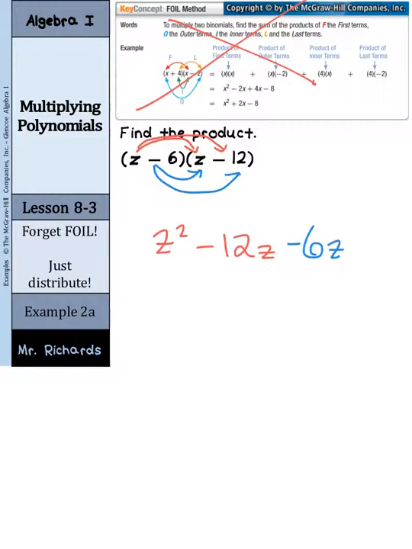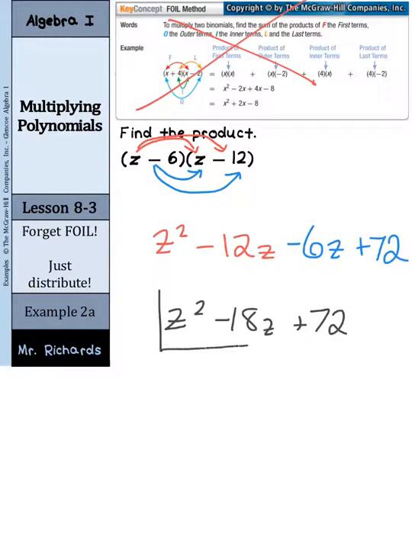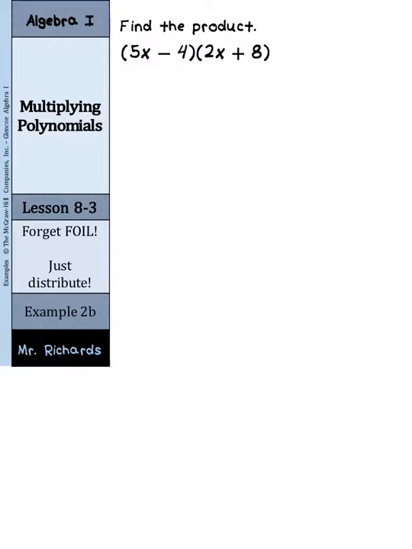And the negative 6 times negative 12 is a positive 72. Combine those like terms in the middle so that we're left with z squared minus 18z plus 72. So once again, we're forgetting about the FOIL rule and just learning how to distribute.